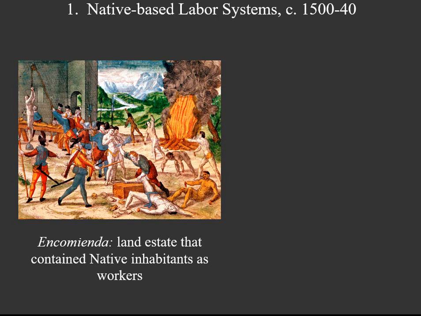And Hernan Cortez himself, the leader of the original conquest of the Aztec Empire, reportedly had an encomienda with 155,000 native workers, which was vastly over the government prescribed limit. And some historians even estimate that number may have been a giant undercount of how many native workers he actually had in the lands that he claimed in the colony.